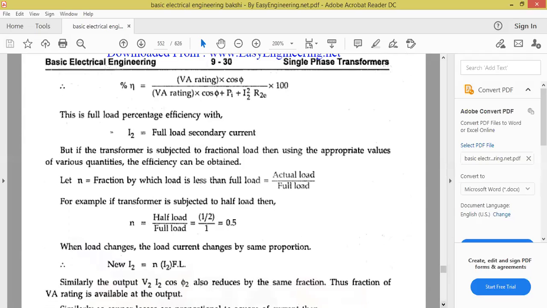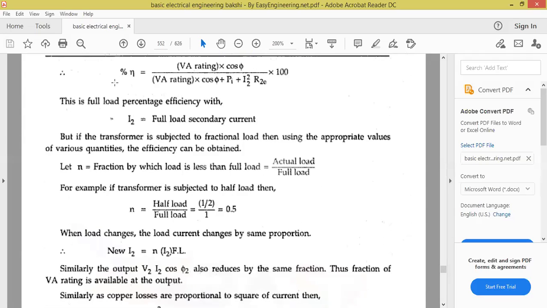As I mentioned, remember the efficiency formula. VA rating means it is V I cos theta. Efficiency is VA rating into cos theta, divided by VA rating into cos theta plus iron losses plus copper losses. Instead of writing WCU or PCU, we can write I1 square R01 or I2 square R02, referred to primary or secondary.